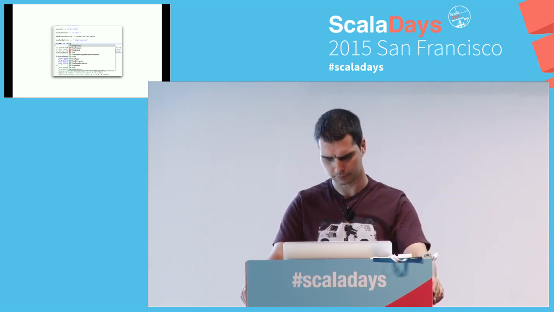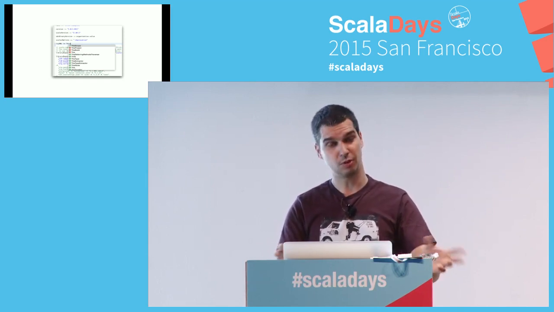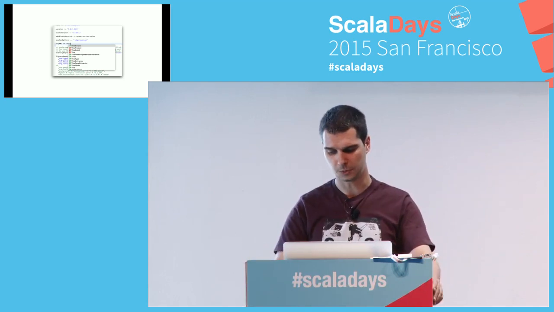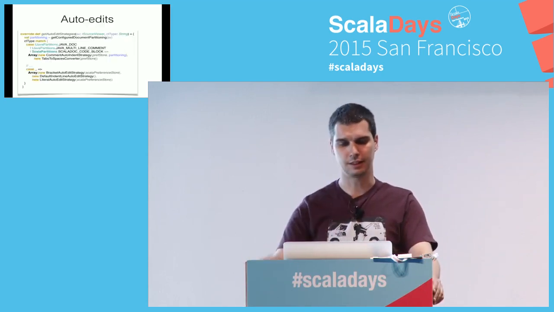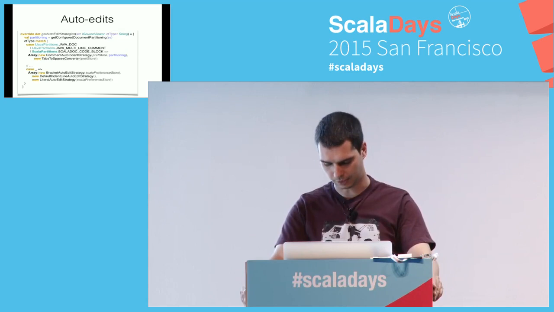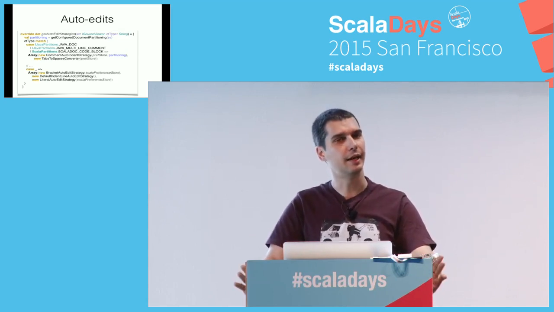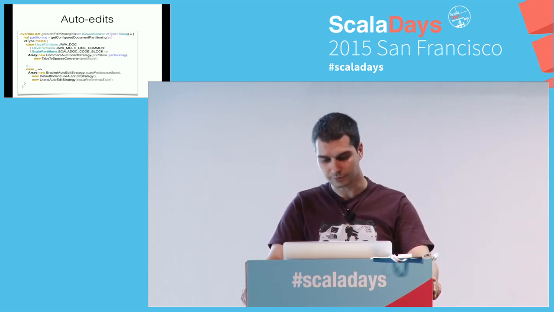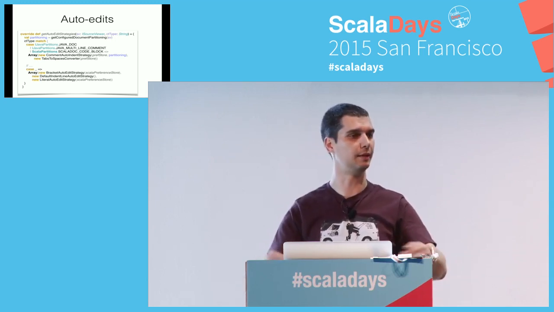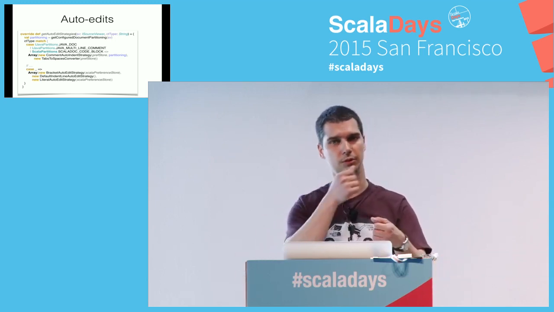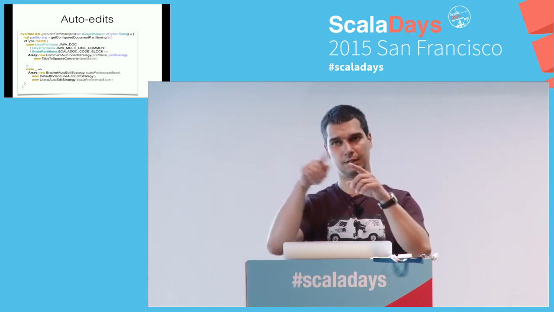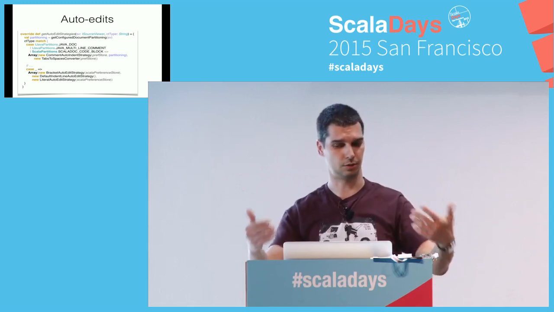All right. So far we talked mostly about semantic features, but there's one other pretty neat thing you can do in an editor, again complete plain Eclipse API, which is auto-edit. So there's a number of automatic edits you can do. When you open a quote for a string, you can also close it. When you open a comment with a Scala doc comment, you can also close it as well.